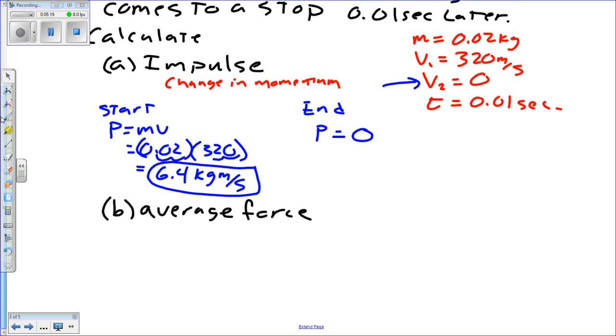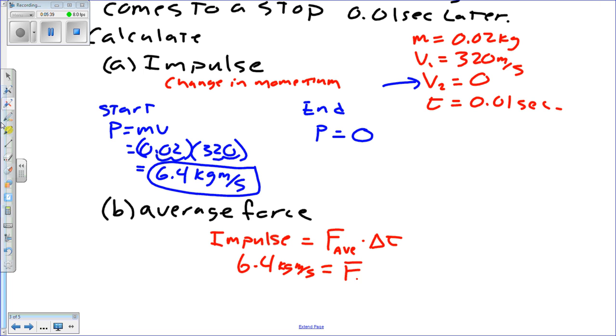Now, let's come down to the average force. Well, we know that impulse is equal to the average force times how long you apply that force. 6.4 is equal to what we're looking for times 0.01. All right, this one shouldn't be too bad. I'm just going to move the decimal place over 2.